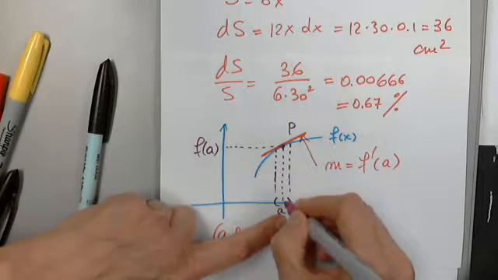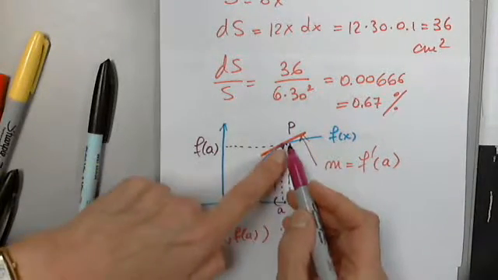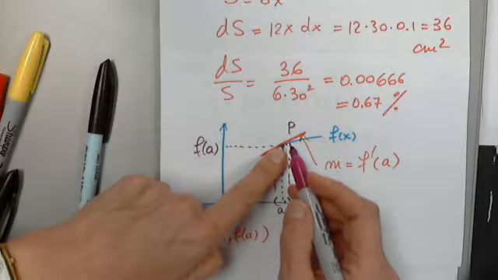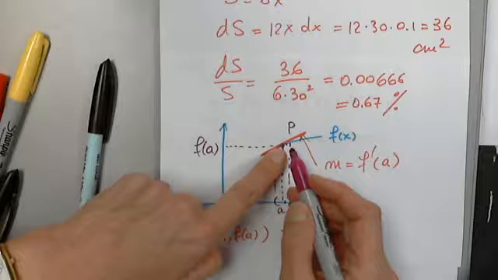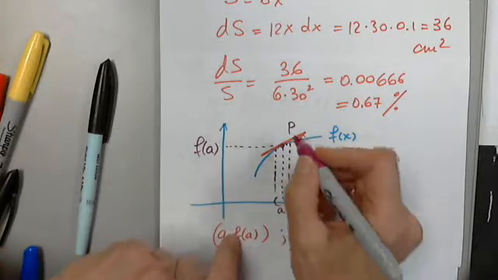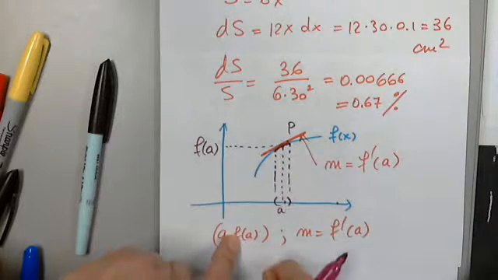Do you agree that if I choose a value here, and I want to determine f of this value, it's not exact, of course, but it doesn't really matter if I use the graph of the function or the tangent line.